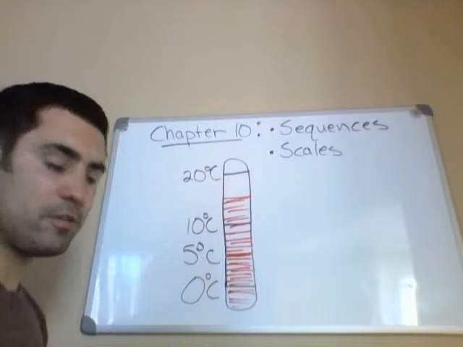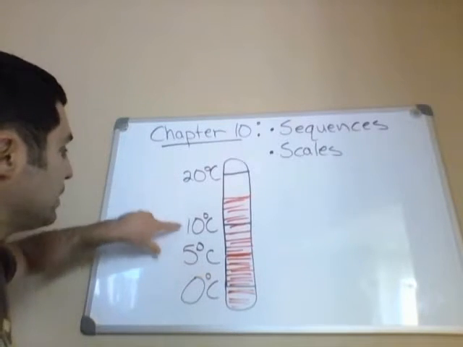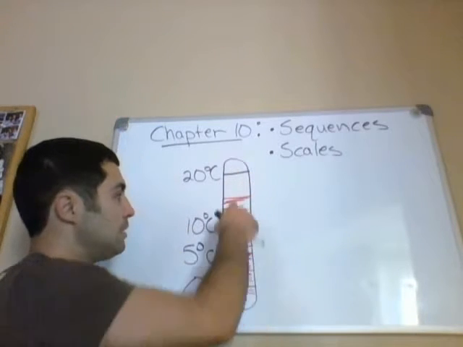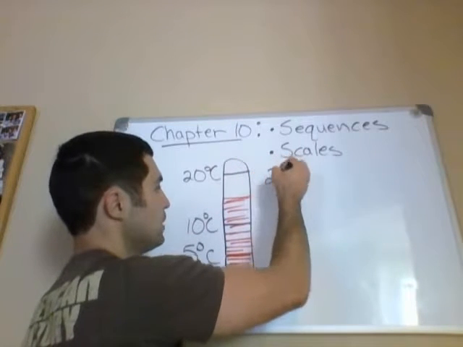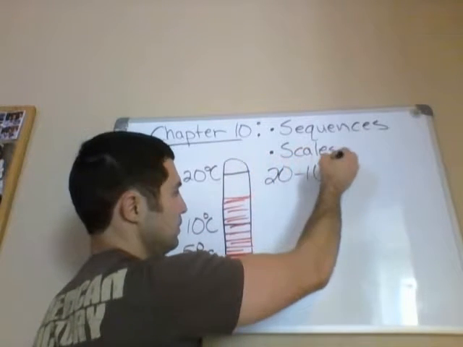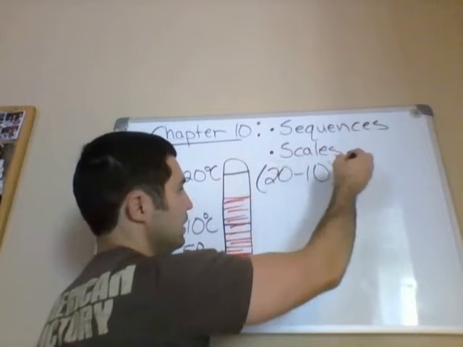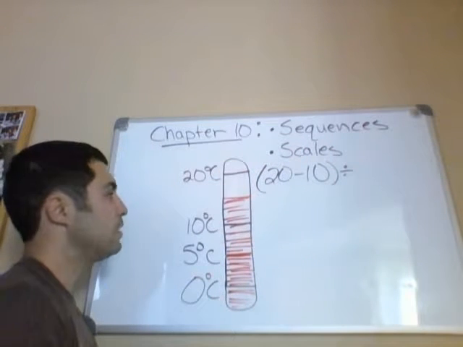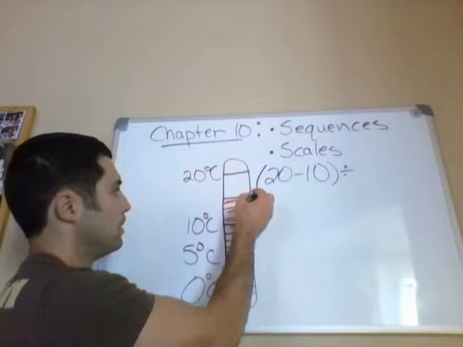So a good little algorithm that I like to use for scales is you take 20 minus 10. If your scale goes in between two numbers, you take those two numbers, 20 minus 10, you do that first, and then you divide by however many hash marks there are. And we know that there's two hash marks because we had the one here and one here.